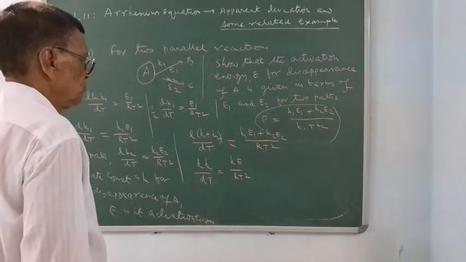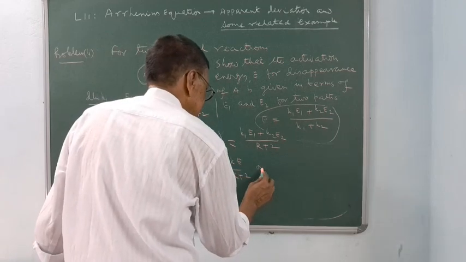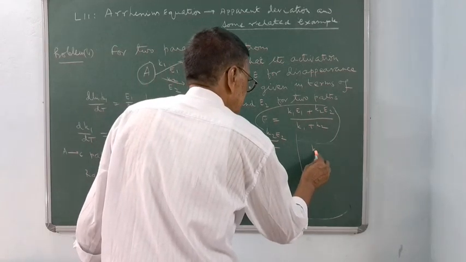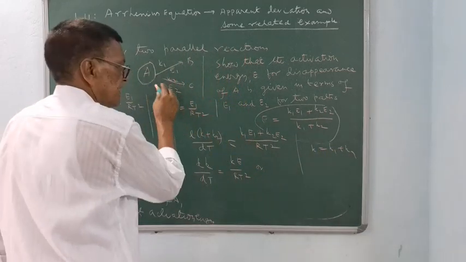So equating both sides, we know K equal to K1 plus K2 for two parallel reactions.